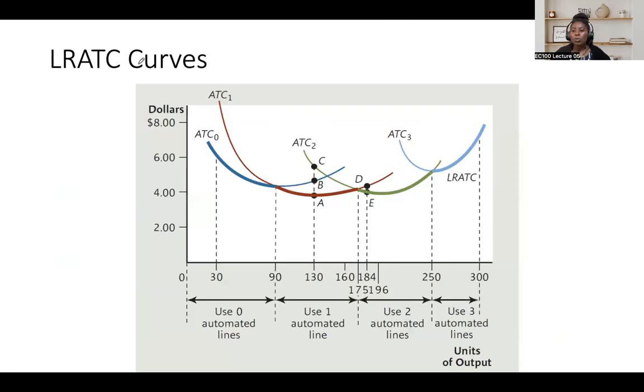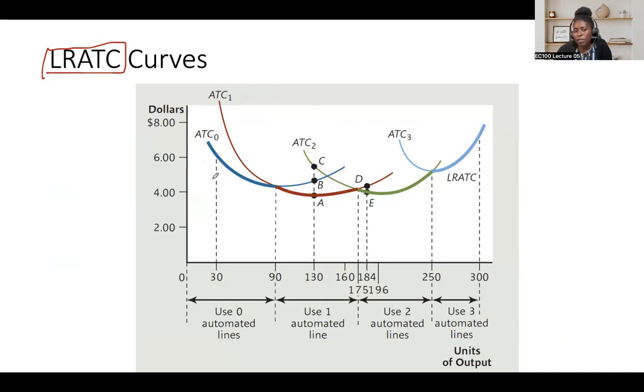So long run average total cost curves, this is just a way to understand, like it's simply a combination of average total cost curves. So I want to draw the long run average total cost curve. For you to draw this or to understand this, you have to know how the short run works.